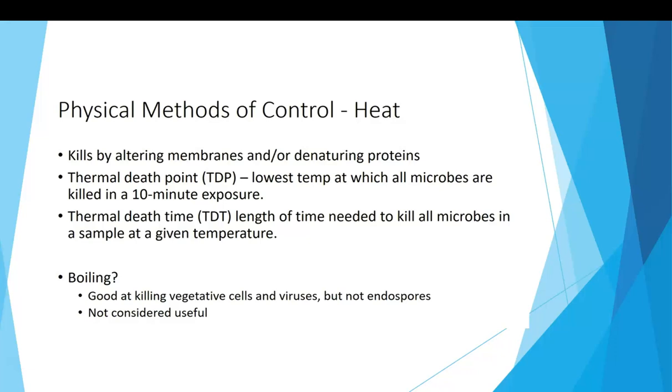Now we're going to talk about the different techniques in the control of microorganisms. The first one is the physical methods of control, and the most popular and important technique that we use is heat. It can change the cell membrane function and structure, and also cause denaturation of proteins and enzymes in the cell.